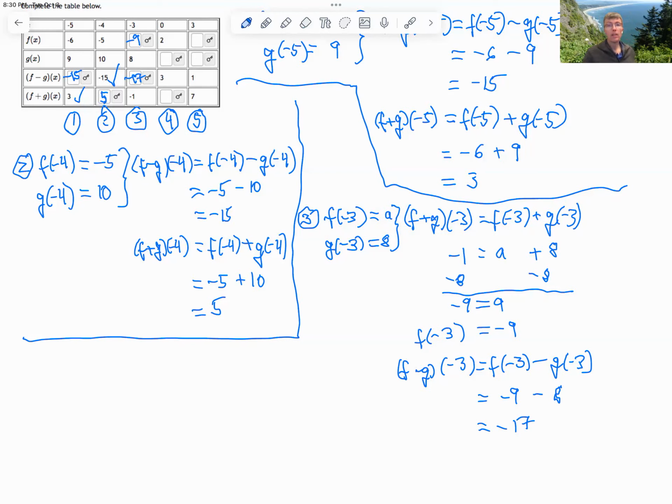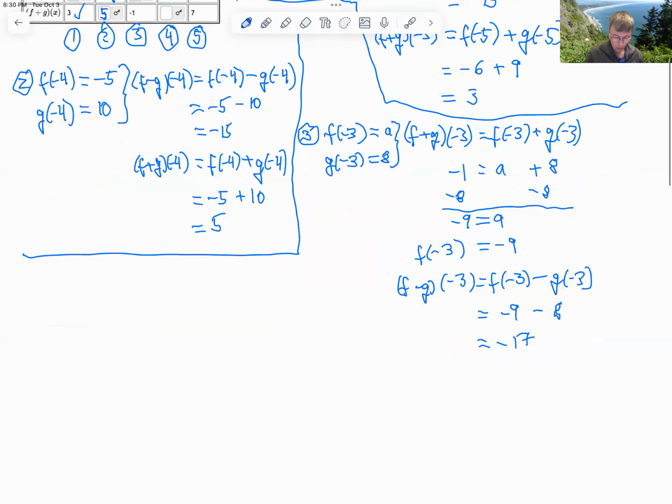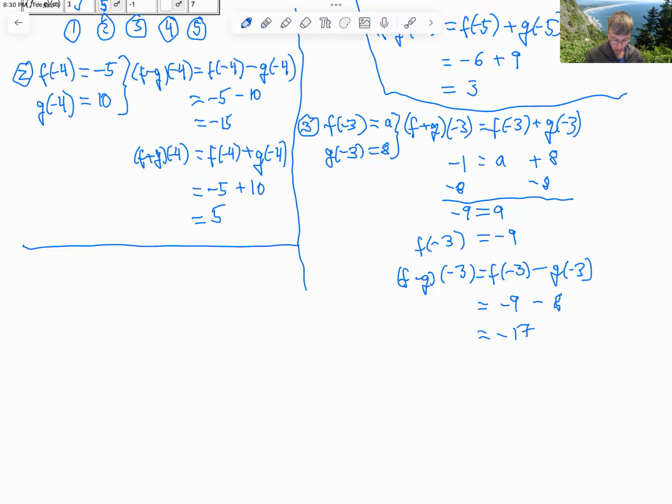And this is basically what we're going to do with the other two now as well. So let me actually do it this way, so we have a little bit more space.